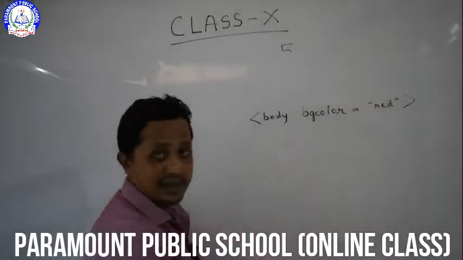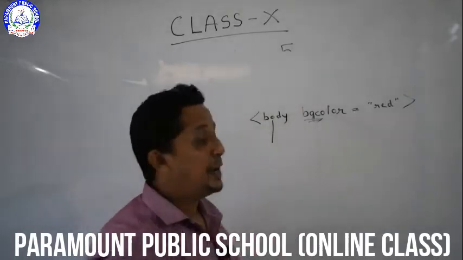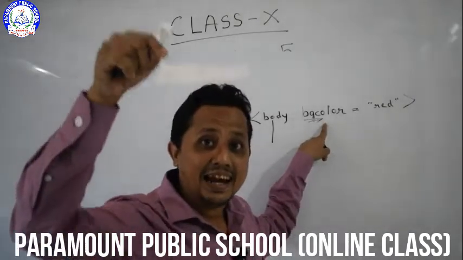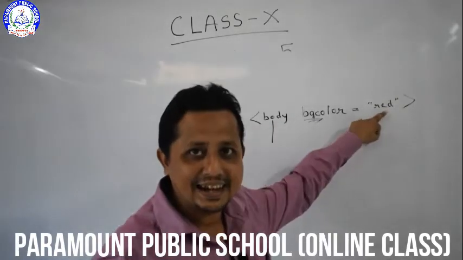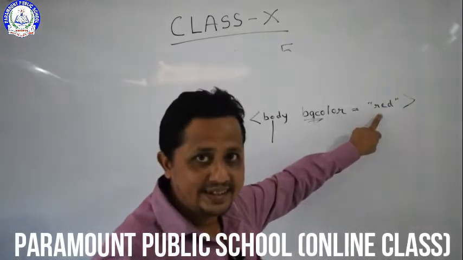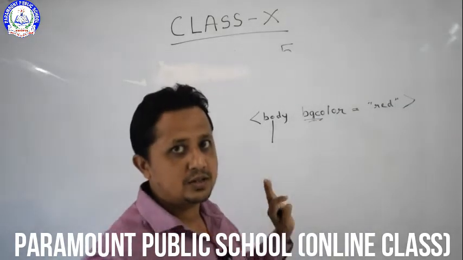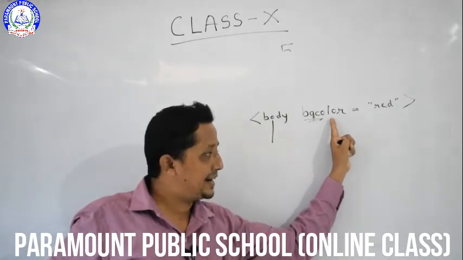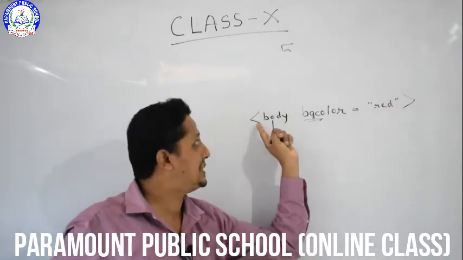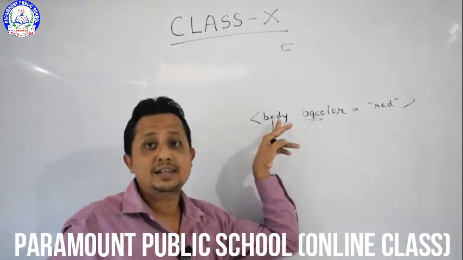Now here body is the name of the tag. What is bgcolor? bgcolor is the attribute of body, and this red is the value associated with this attribute. So this is the attribute, this is the attribute value, and this is the tag.